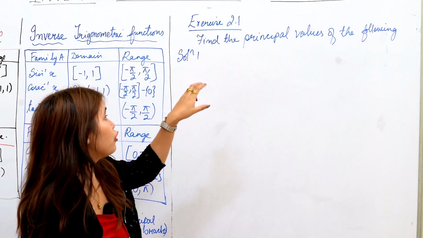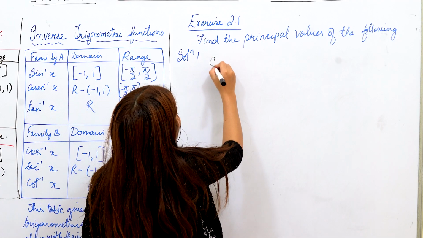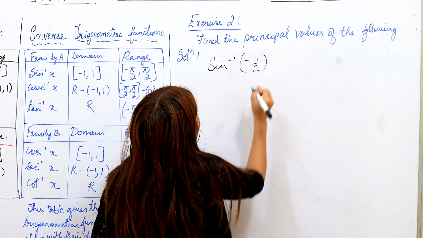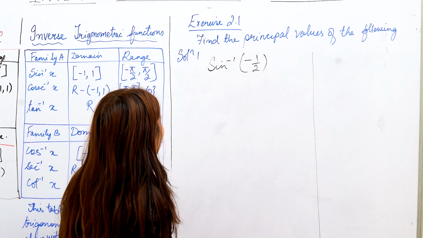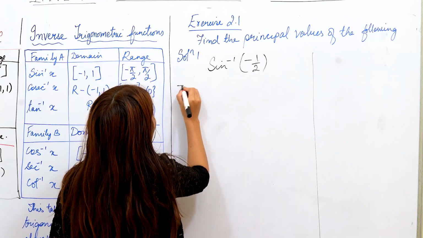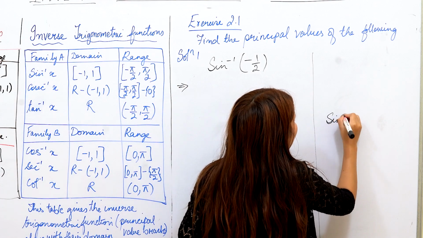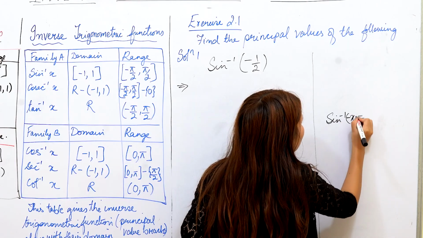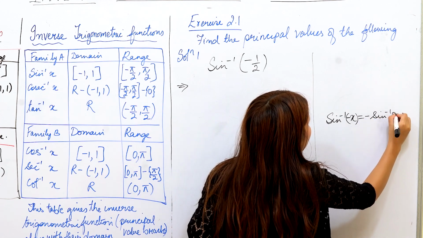Exercise 2.1, question number 1: find the principal value of sine inverse of minus 1 by 2. We have to find the principal value. We use the formula that sine inverse of minus x is minus sine inverse x.